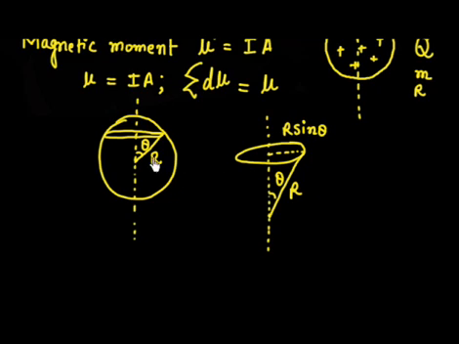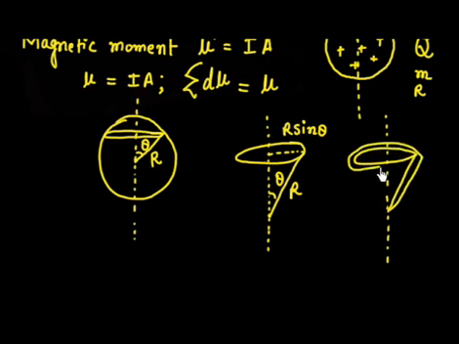Now if I consider the next elemental ring, this ring I have made at angle theta. Let us make the next ring at angle of theta plus d theta, so I will have something like this.